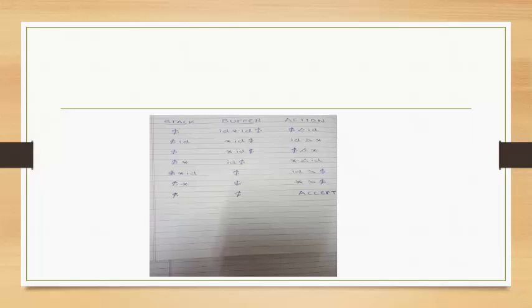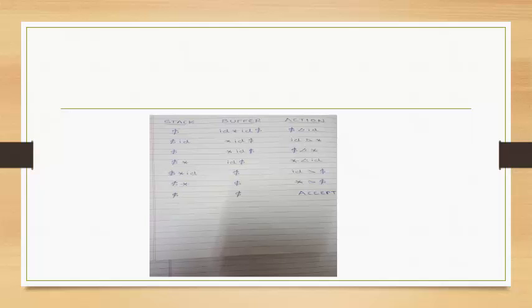So on the next step, id is compared with the multiplication symbol, and the precedence of id is more than the multiplication symbol. Therefore, the identifier id is deleted from the stack.